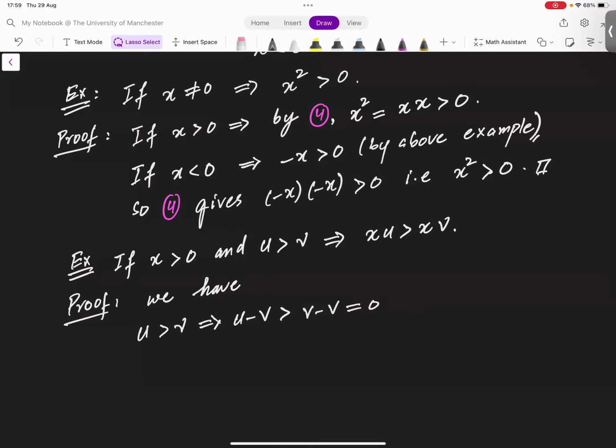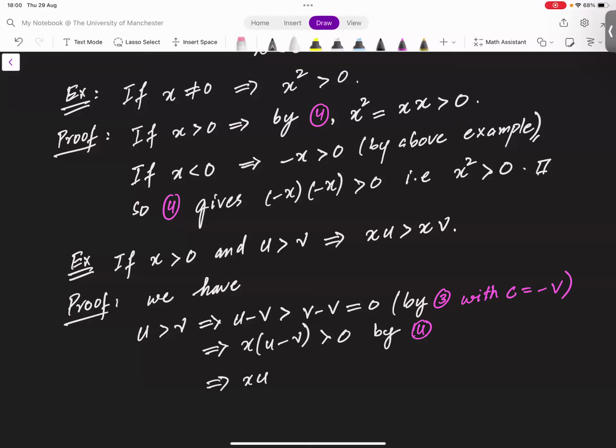So v minus v is greater than 0, and this can be done by rule 3 with c as minus v. Then x into u minus v is greater than 0 by rule 4. Then xu minus xv is greater than 0.